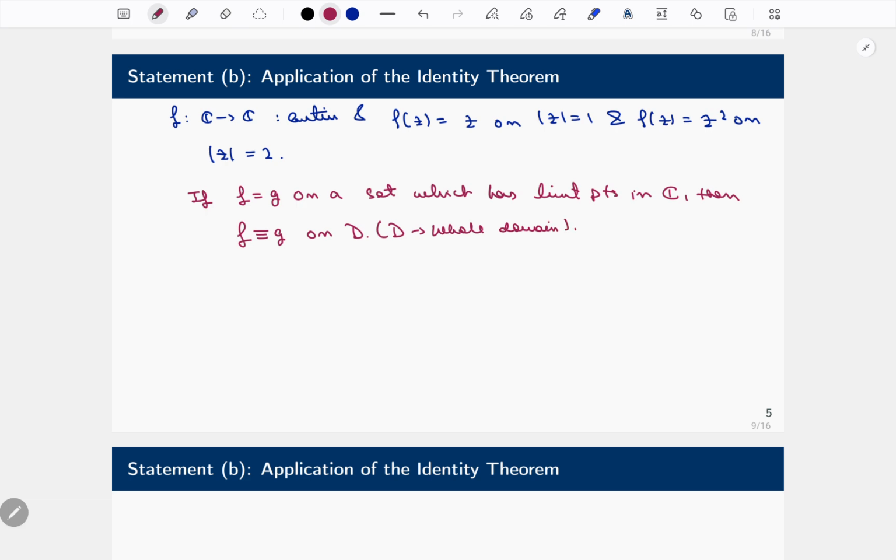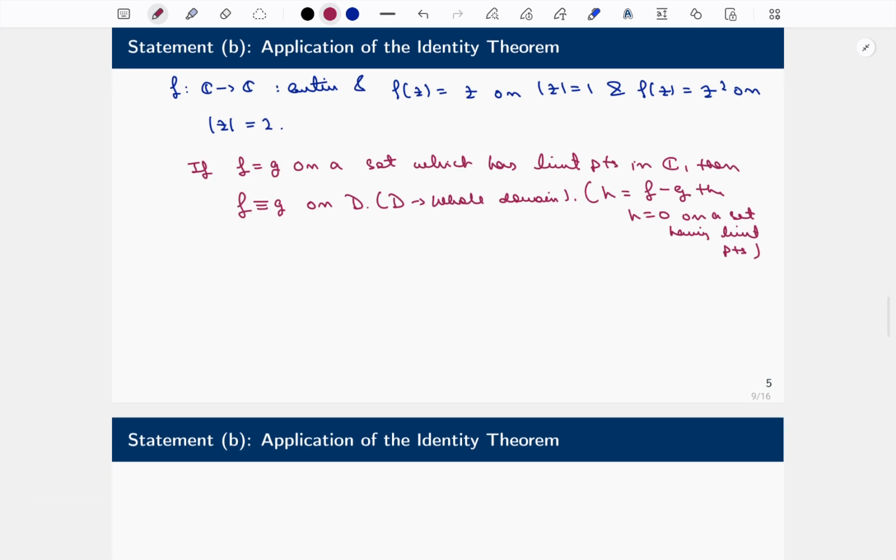Is it clear? This actually follows from the fact that I can choose a function h equal to f minus g, then h will be equal to 0 on a set having limit points. Then I can apply the identity theorem to claim that h is identically 0 on the domain, and hence f is identically equal to g on the whole domain. Here we have the domain to be equal to C, to be very specific.